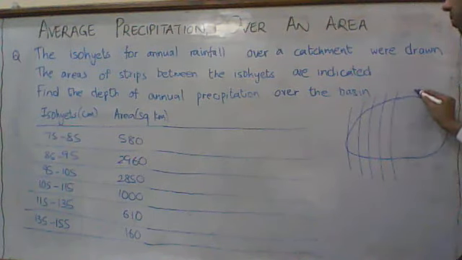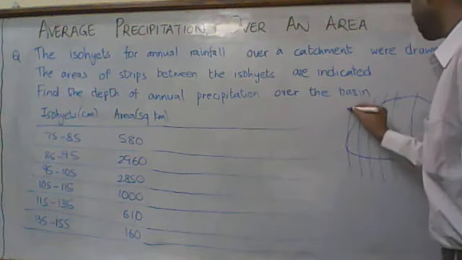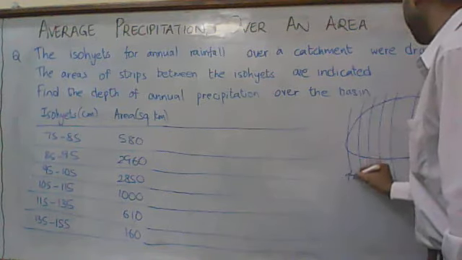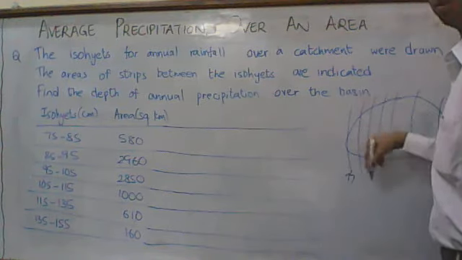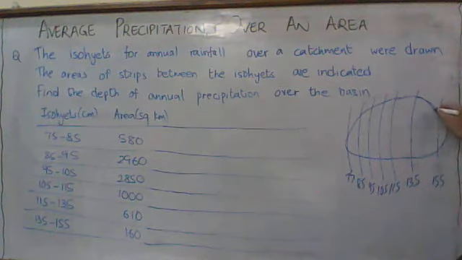Suppose this is having precipitation of 75 throughout its length, throughout this contour. This is having precipitation of 85. This is having 95. Here there is 105. Here it is 115. Here it is 135. And here it is 155.